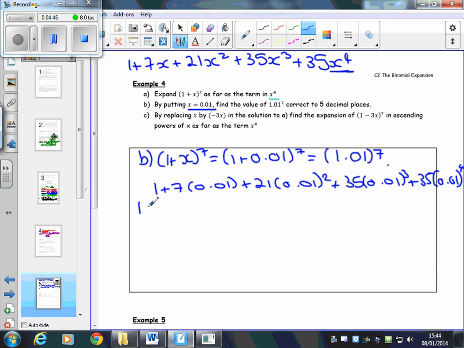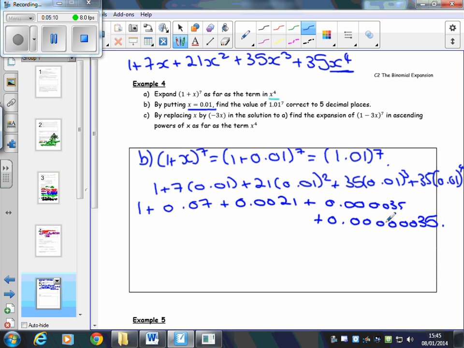So doing this gives us 1 plus 0.07 plus 0.0021 plus 0.000035 plus 0.0000035.